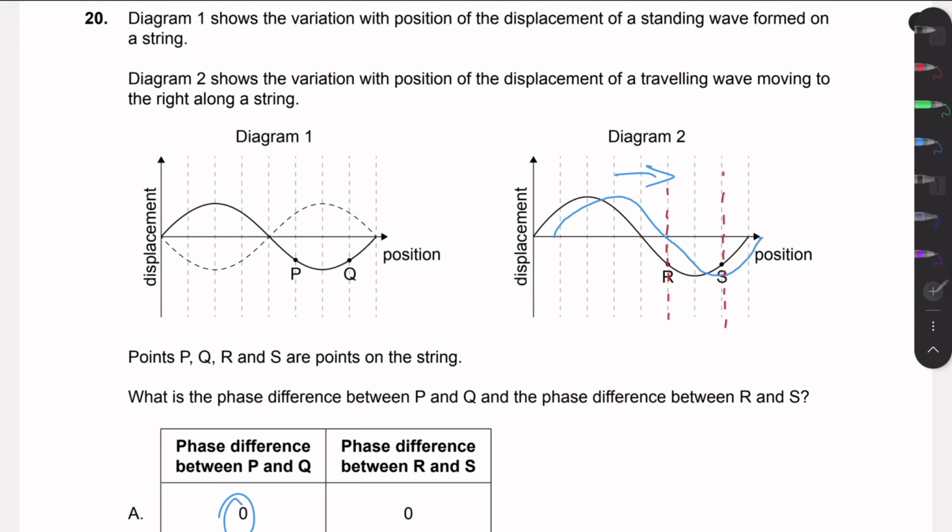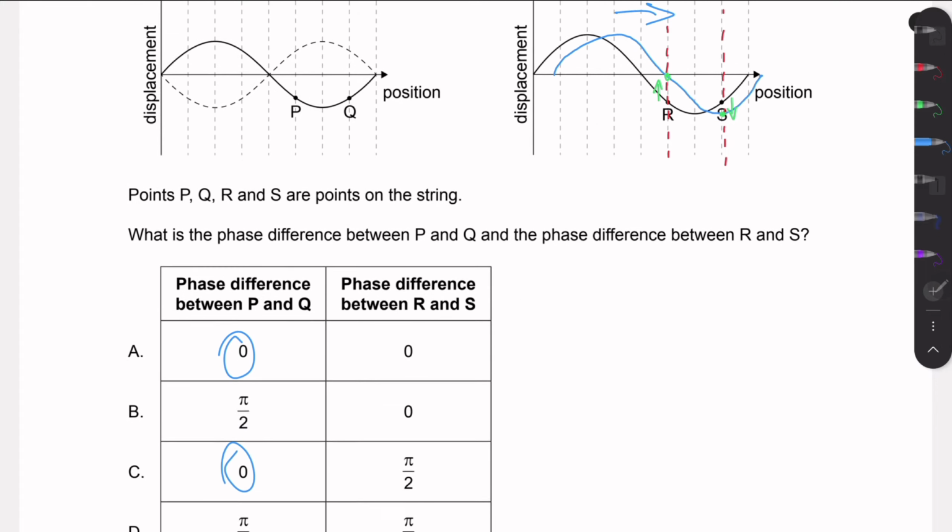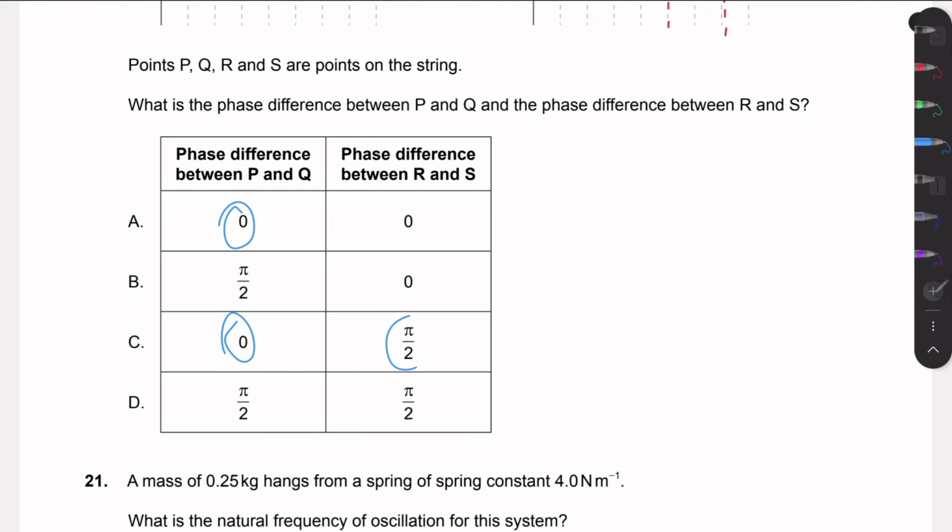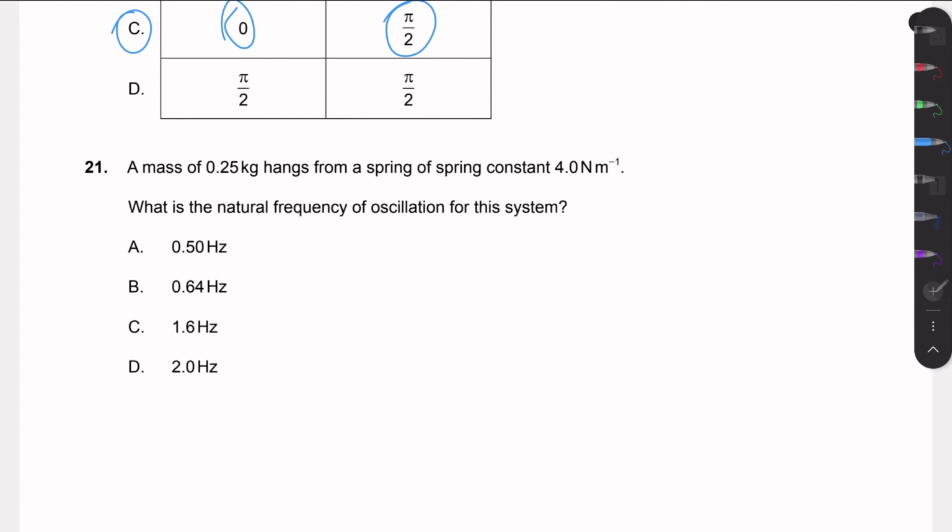And we see that for R to remain on the wave, it must move up, as the new position of the wave will be above R, whereas S will have to move down. So this shows that they are out of phase, one of them is moving up, the other one is moving down, so they're at a phase difference of pi over 2. So that is C.